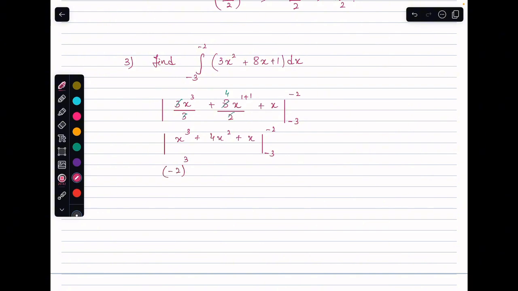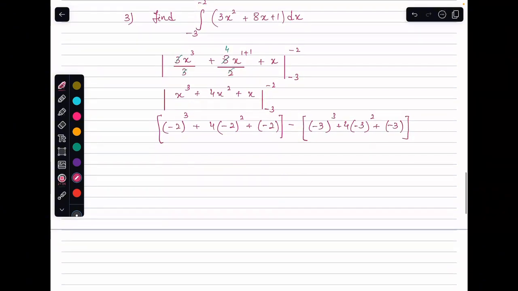It's negative 2 the whole cube plus 4 times negative 2 the whole square plus negative 2. So we have applied the upper limit here. Subtract the lower limit. So this is negative 3 the whole cube plus 4 into negative 3 the whole square plus negative 3 here.